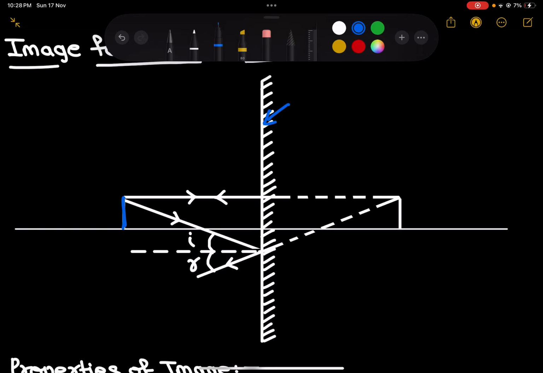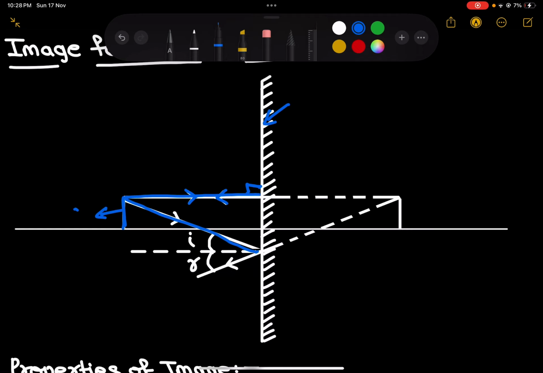When you throw a ray of light on the mirror, it goes like this and comes back in the same direction, because the normal is 90 degrees to the mirror, so this itself is the normal, right? So it will come back in the same direction. Understood?